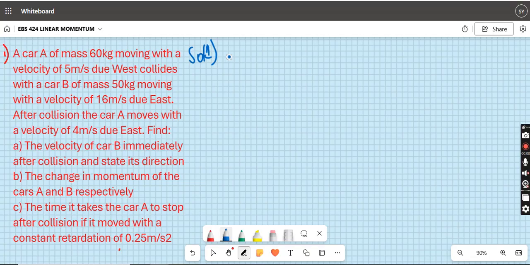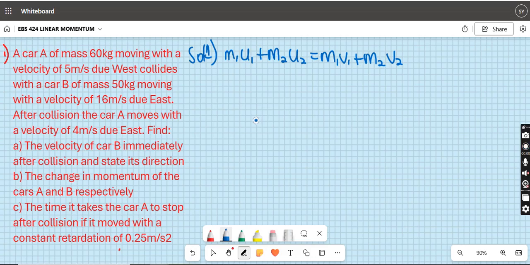Okay, we'll start by stating our formula. Now we see that they are moving in opposite directions, but we can state the formula as a positive number. m1u1 plus m2u2 is equal to m1v1 plus m2v2.